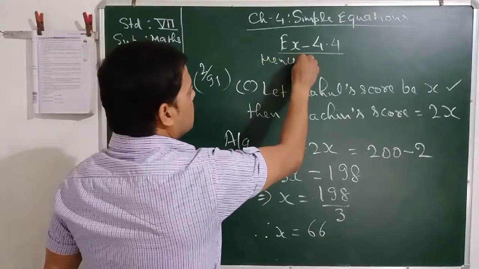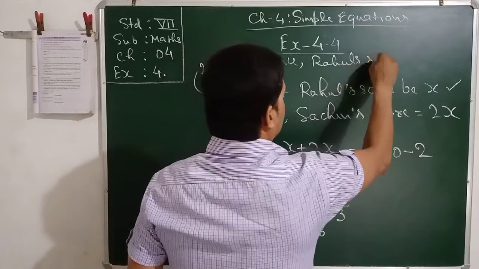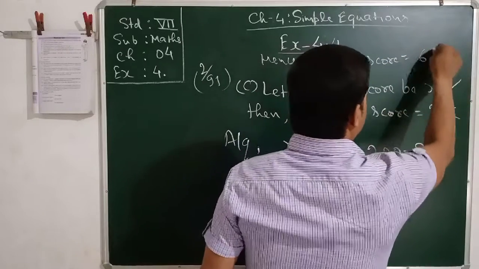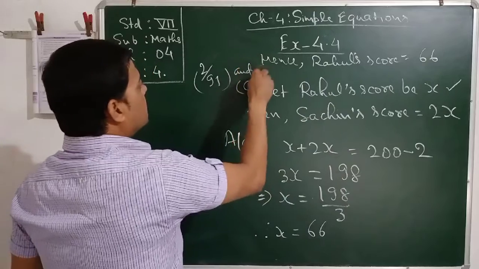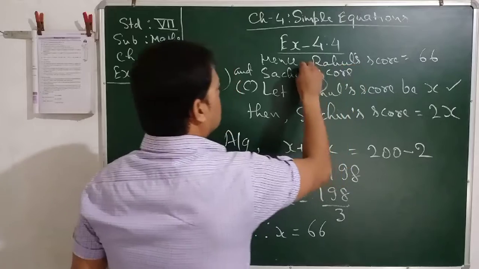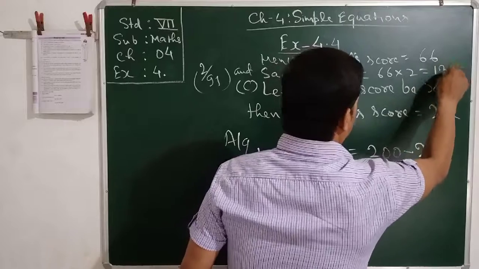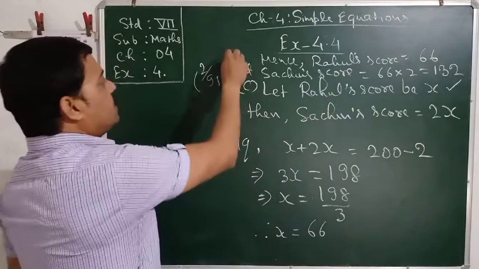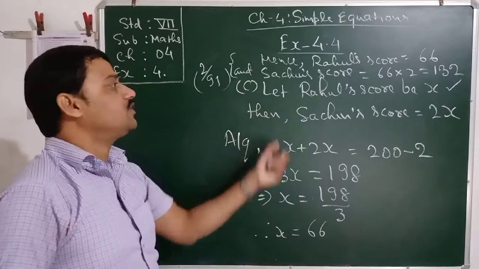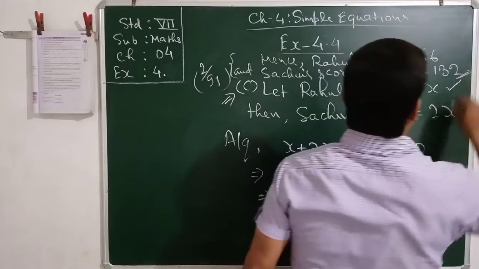Hence, Rahul's score equals 66 and Sachin's score equals 66 into 2, that is 132. These two lines belong to the bottom. Here I could not adjust these two lines, that's why I have written here. I have started the sum from here and the sum is over here.